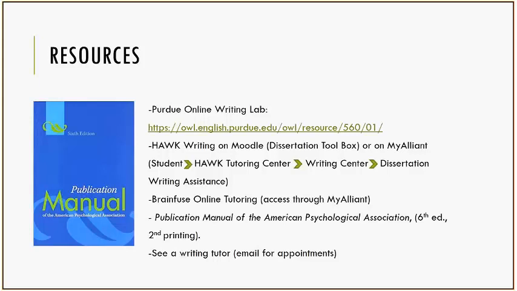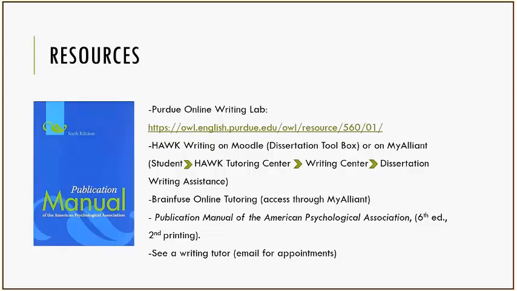I think there is even an online version, so that's a really great resource. Another even more accessible resource, which is free, is that first link right there, the Purdue Online Writing Lab. You can also just type in Purdue OWL Online Writing Lab APA style, and it will review everything that I just went over and more.